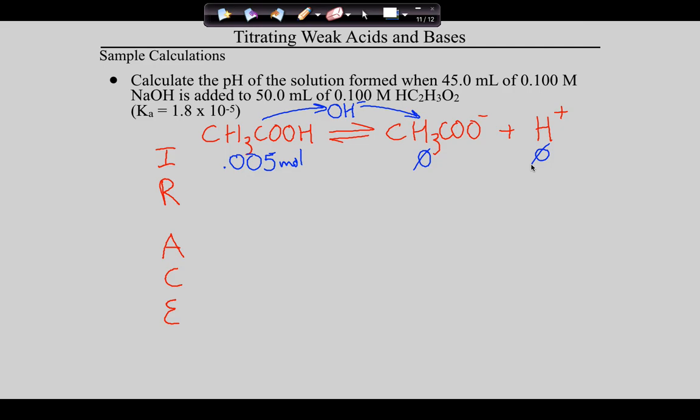Okay, so now we do the reaction. And we are adding 0.0045 moles of base. Will we add or subtract that number from the concentration of the acetic acid? Subtract it, because that's what's being consumed.